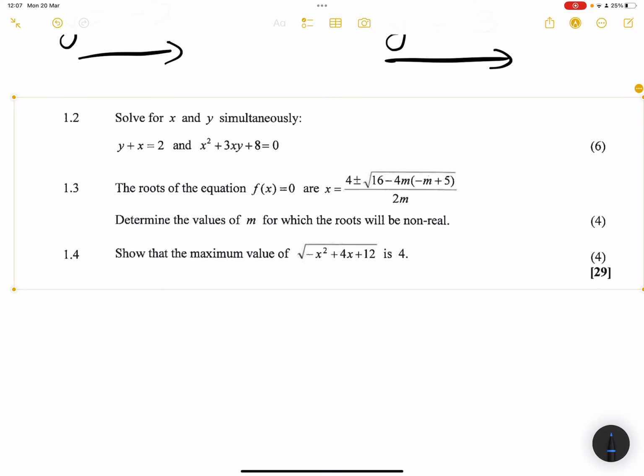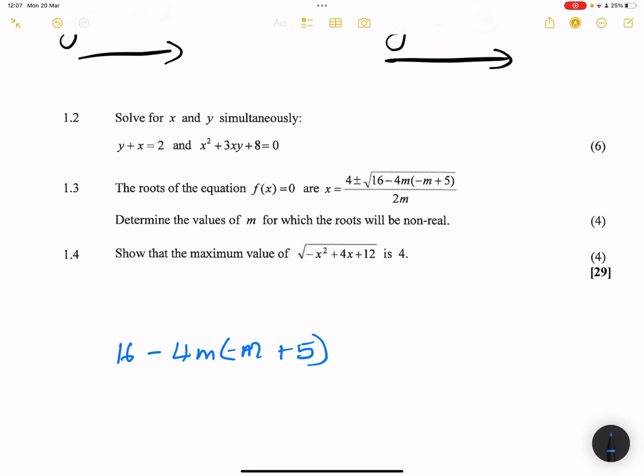So what are we going to do? First of all, 16 minus 4m into negative m plus 5, right? In order for it to be real, this expression must be greater than 0.